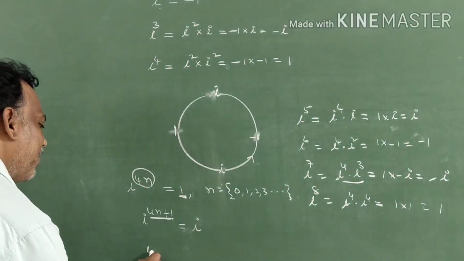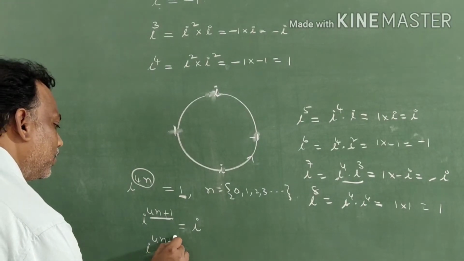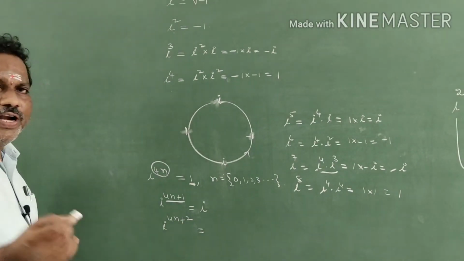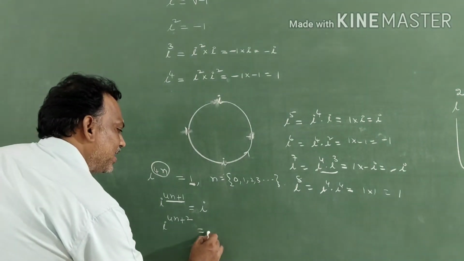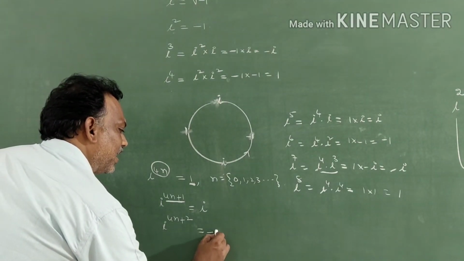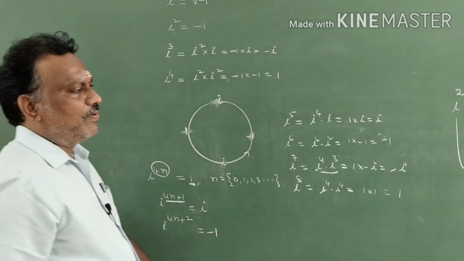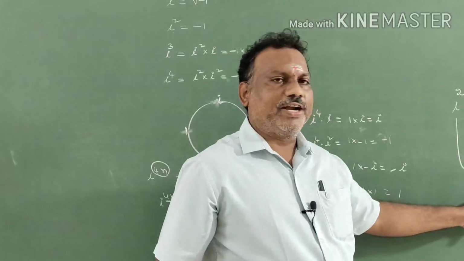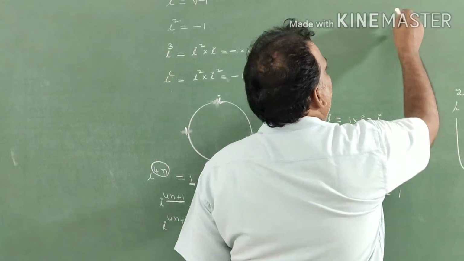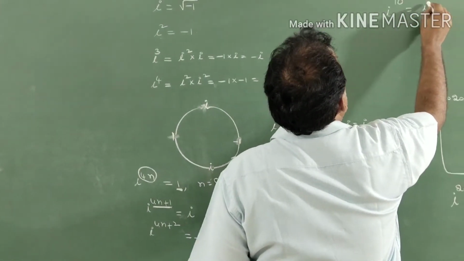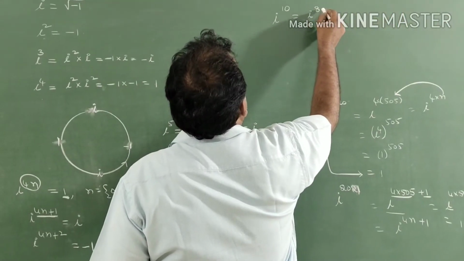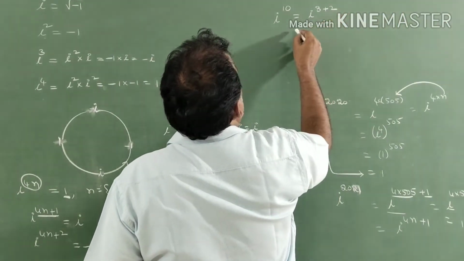Like i to the power of 4n plus 2. What does it mean? If you divide by 4, you are getting remainder 2. That value is always minus 1. For example, if you take 2022, not only that, you can take i to the power of 10. I can write it as i to the power of 8 plus 2. Correct or not?